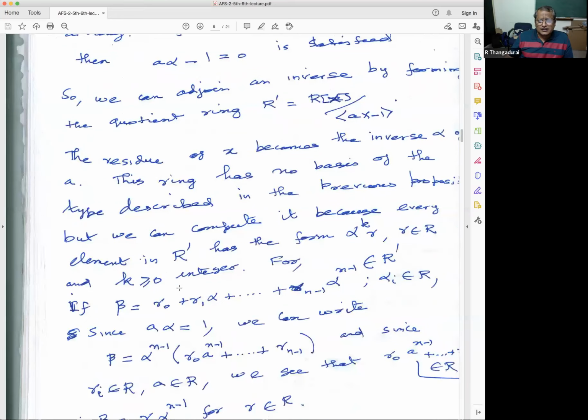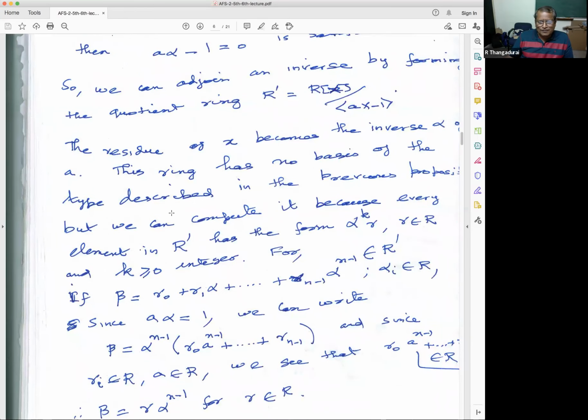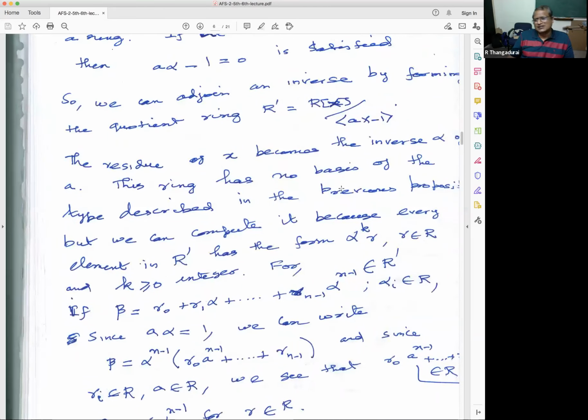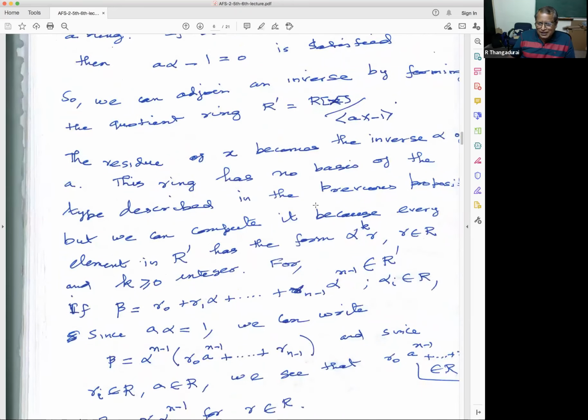This R prime has no basis of the type described in the previous proposition, but we can compute what it looks like. The claim is that any element in R prime is of the form alpha to the power k times r, where alpha is inside R prime and r comes from the base ring, for some non-negative integer k.